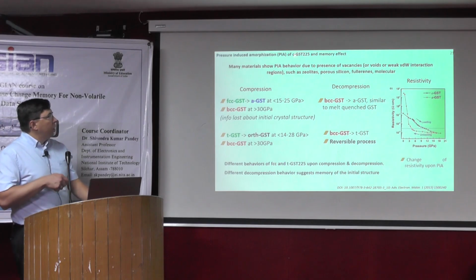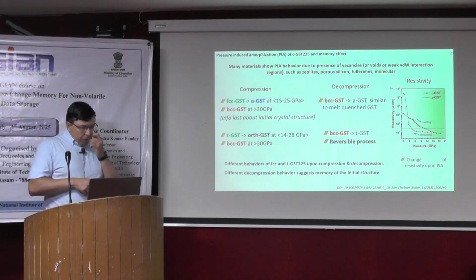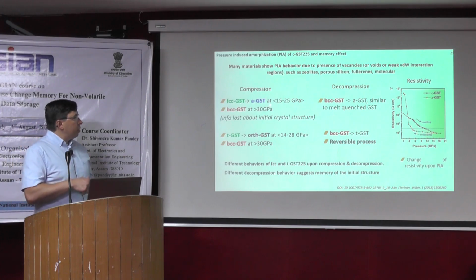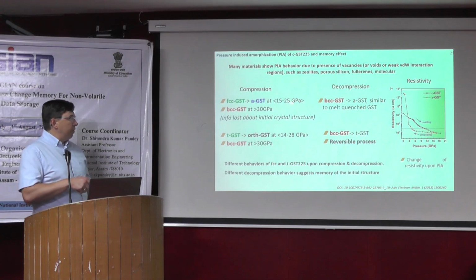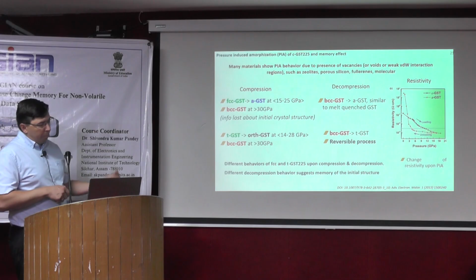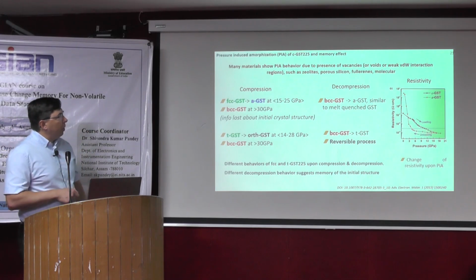This is not CGST, this is crystalline GST 225. So we consider two phases, cubic phase FCC GST and TGST. On compression, if we compress this phase, we induce amorphization at pressures between 15 and 25 gigapascal, and then on further compression we get a BCC GST phase, as in the previous case, at pressures more than 30 gigapascal.